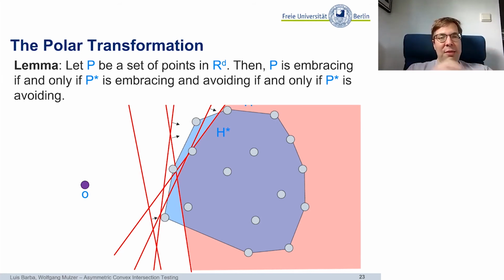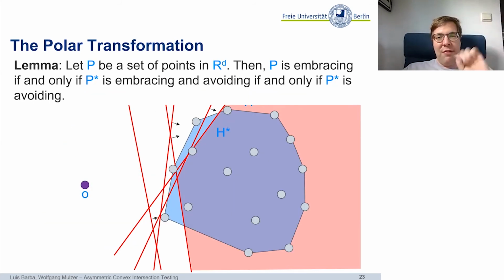And on the other hand, the point set is avoiding if and only if this appropriately defined set of half spaces is also avoiding.